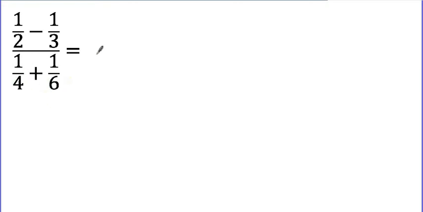So I'm going to find the LCM of all those denominators: the LCM of 2, 3, 4, and 6. You should already know how to find the LCM of numbers. The LCM of all the denominators is 12.